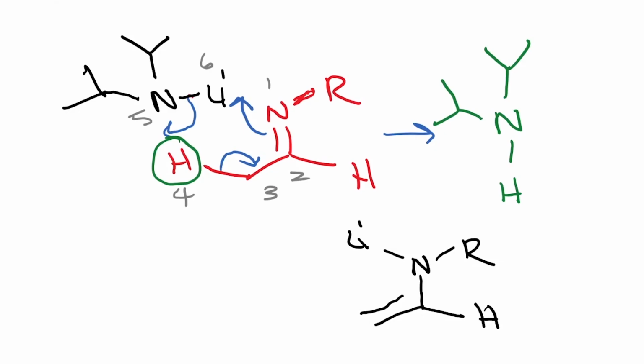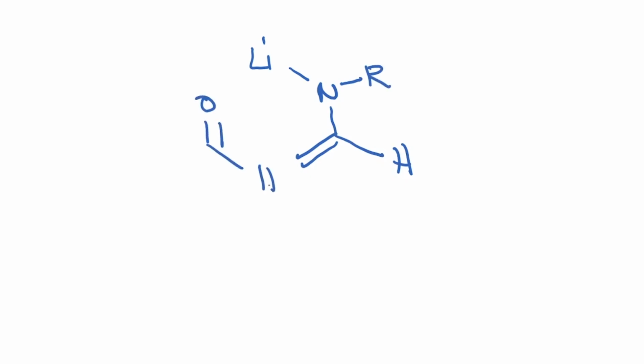These aza enolates can now react quite nicely. I'm going to redraw the aza enolate with Li; this is the double bond, this is the hydrogen, and this is R. Now if I react this with an aldehyde such as this, again you can draw a nice 6-membered ring intermediate.